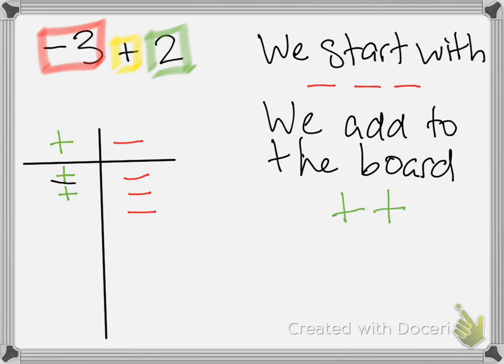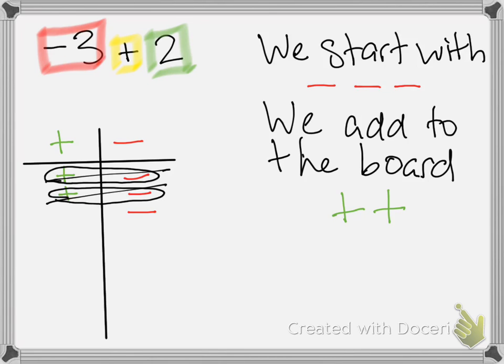So I can see that I have this 0 pair right here, and I also have this 0 pair right here. So if I cross those 0 pairs out, what am I left with? I am left with 1 negative that's left behind.